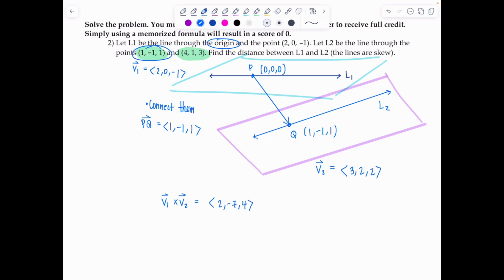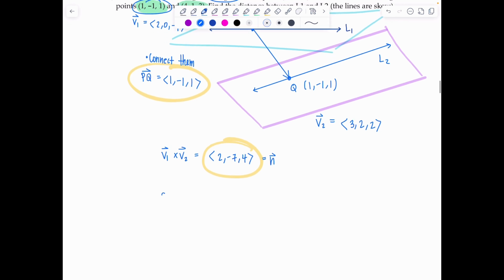Now to find the distance between the two lines, what I want to do is take PQ and project it along this vector here. This vector, shall we call it N? Yes. Okay, and then just in case one of these is longer than the other, I'll just take absolute value to make sure everything's positive.